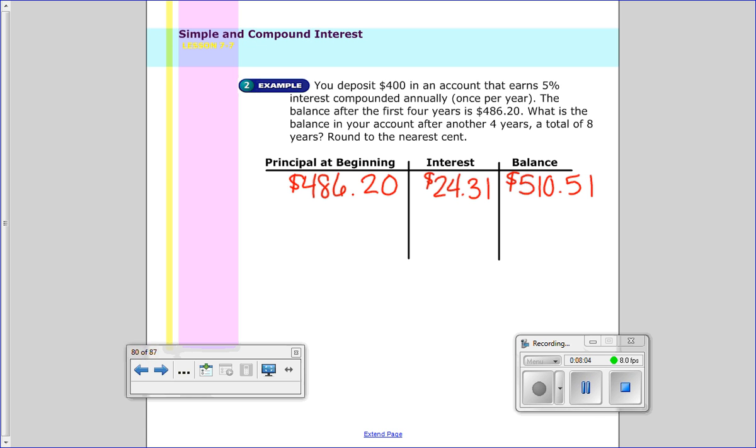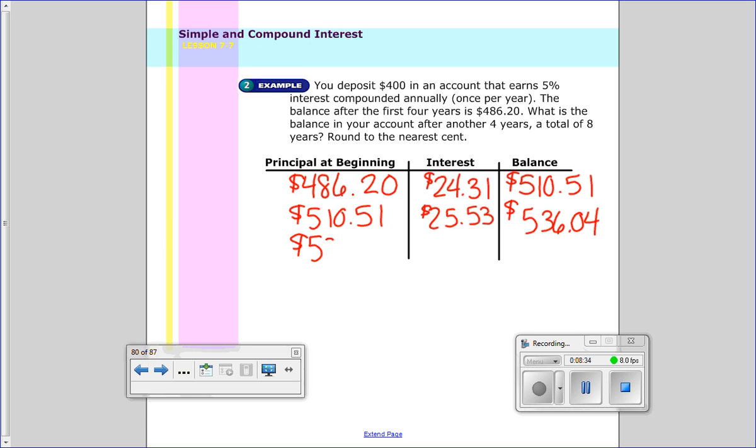So now that's my starting balance, $510.51. But again, now that gets times by my interest rate of 5%, and I end up making $25.53. So then I add that onto my original balance of $510.51. And I find out at the end of year 6, I have $536.04. So that's my new balance.